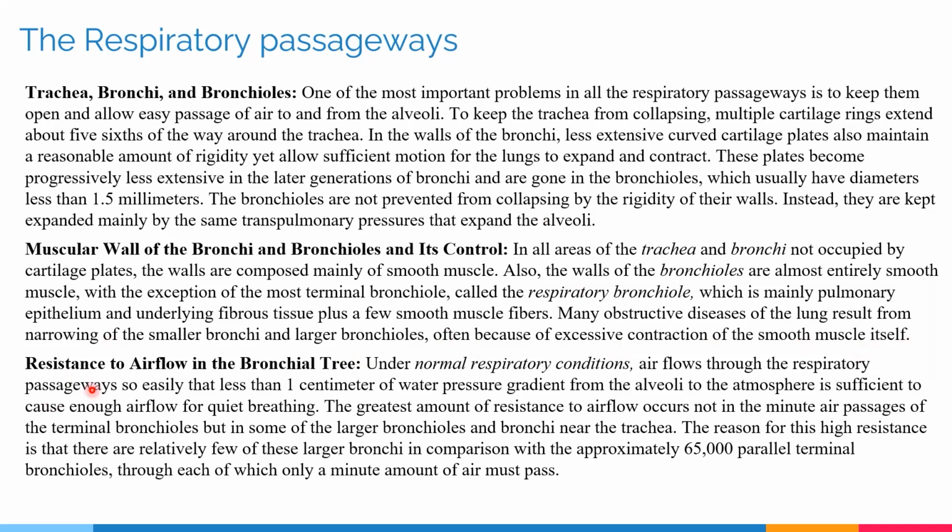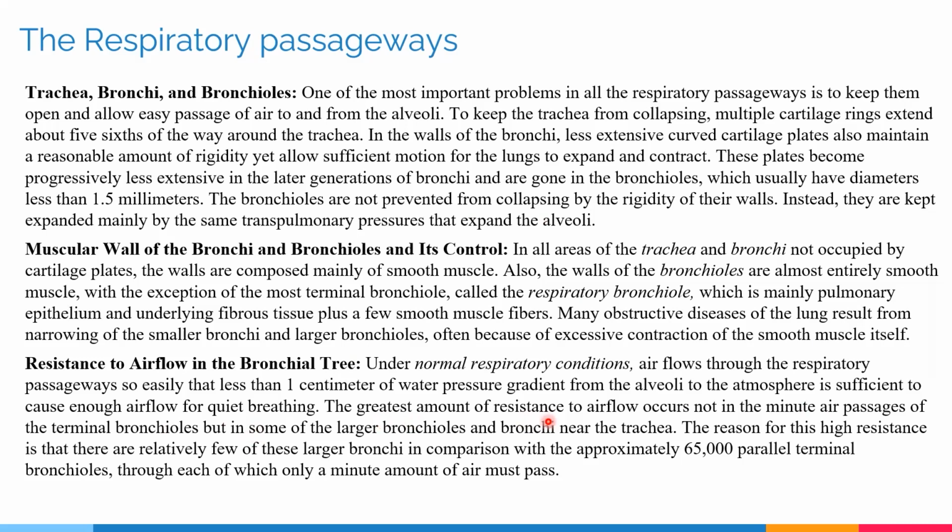Next, we look into the resistance to airflow in the bronchial tree. Under normal respiratory conditions, air flows through respiratory passages so easily that less than 1 centimeter of water pressure gradient from the alveoli to the atmosphere is sufficient to cause enough airflow for quiet breathing.